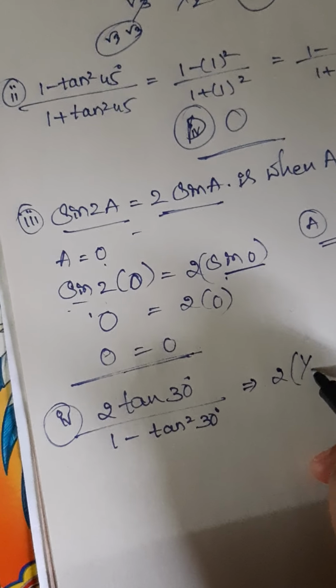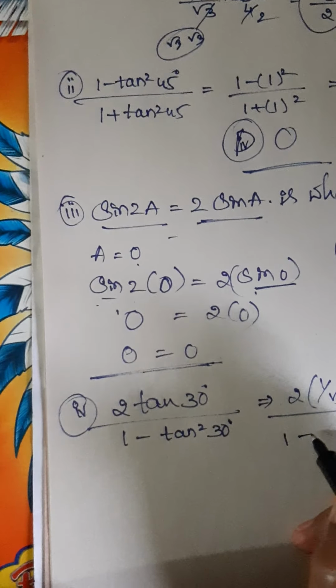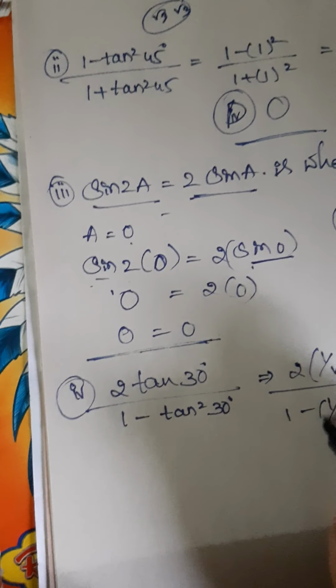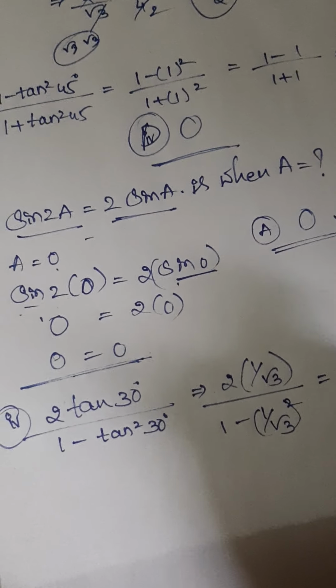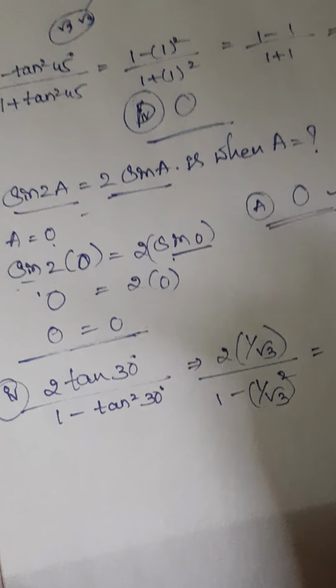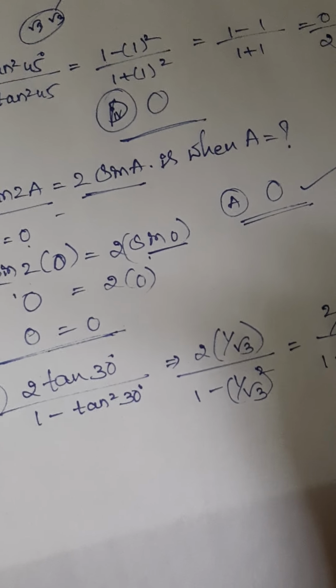Tan 30 is 1 by root 3, this we all know from the table. So 2 by root 3 over 1 minus 1 by root 3 whole square. So here 2 by root 3, 1 minus 1 by 3, which is 2 by 3.